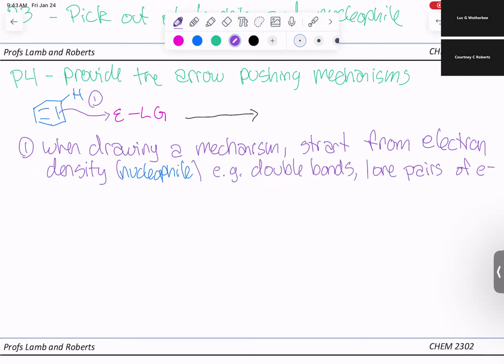Electron density is flowing from a lot of electron density to a place where it's sort of like a vacuum. It's pulling it that way. It needs electrons, so it's pulling that way, right? So it's coming from the nucleophile going towards an electrophile.